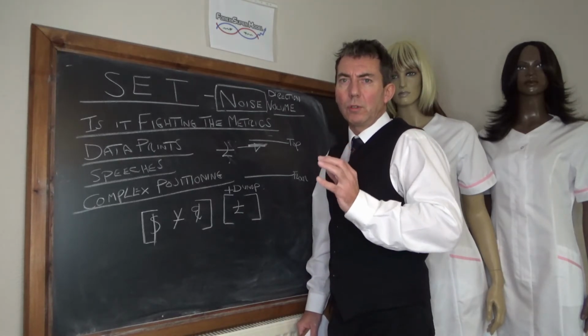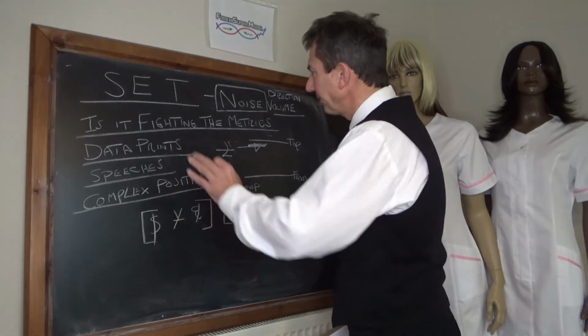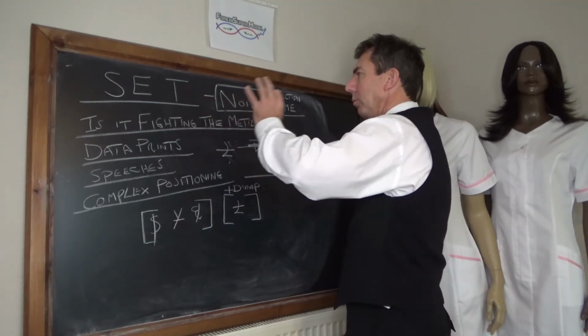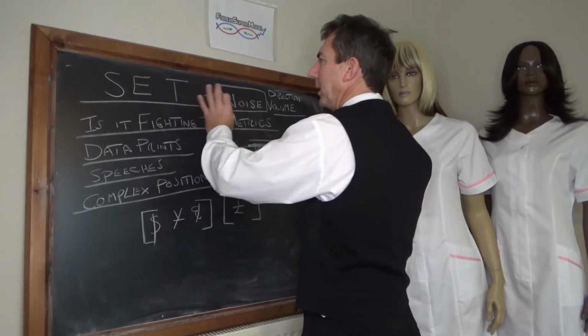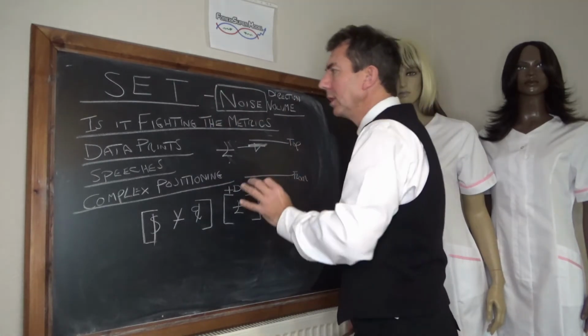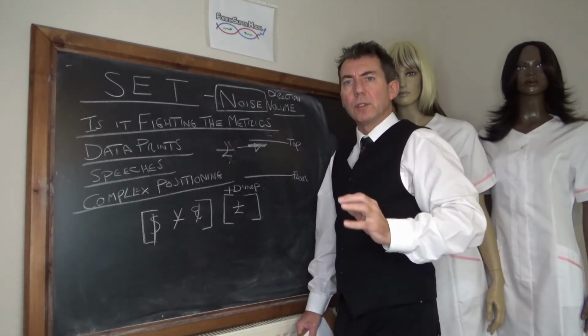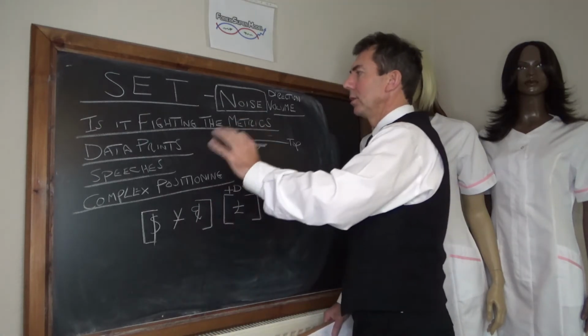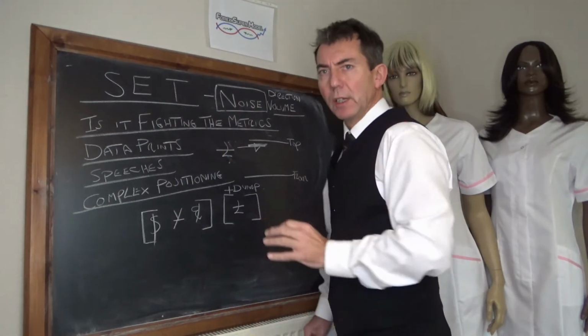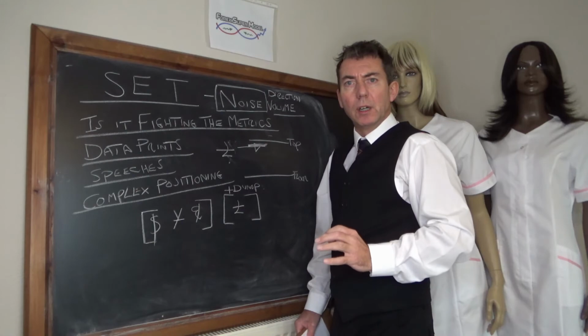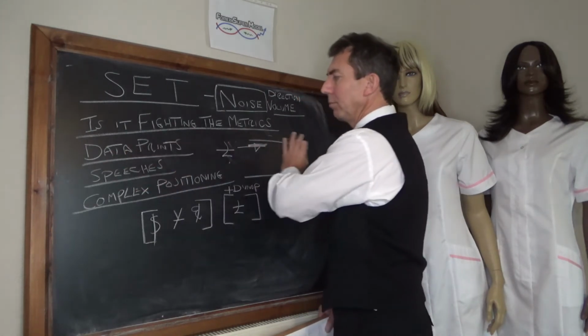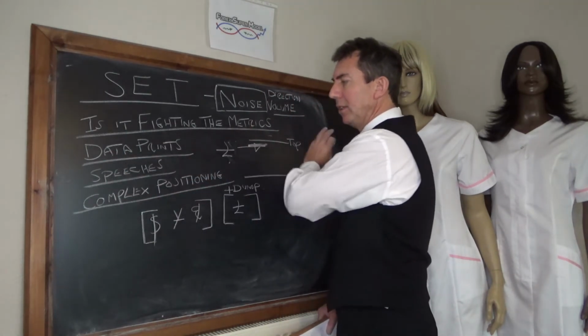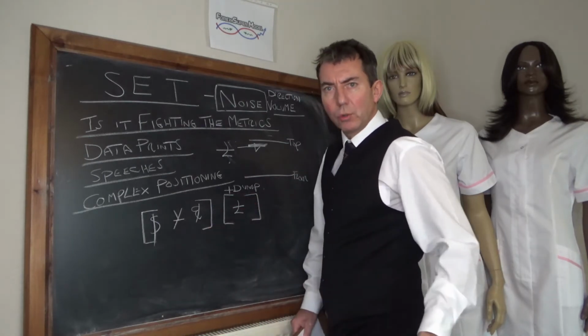So what you've got to bear in mind is that when you're looking at sentiment, expectations, tone and noise, the first thing to do is to ask yourself, is it fighting the metrics? And what metrics is it fighting? Is it fighting data prints? Is it fighting speeches, like dovish, hawkish?